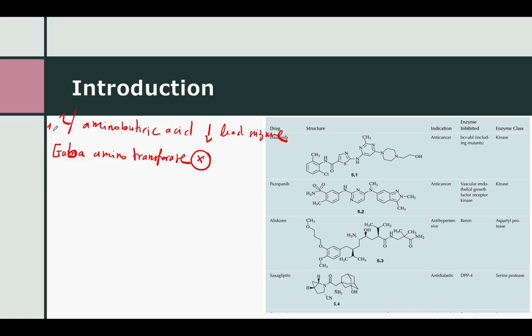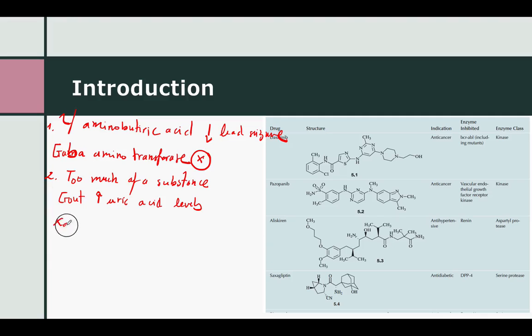Other times you want to inhibit an enzyme because the cell is making too much of a substance, and the excess of that substance is leading to a disease or a condition. For instance, gout is caused by increased uric acid levels. So in the case of gout, you want to find out what the precursor for uric acid is and what enzyme converts that precursor to uric acid, and then you block that enzyme.